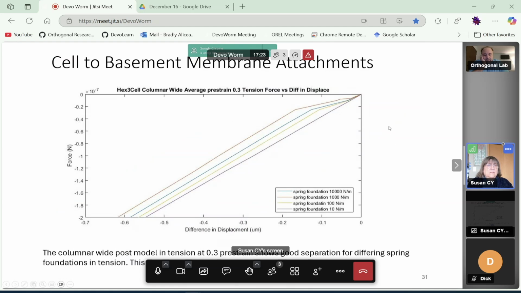And for cell to basement membrane attachments, if you change the spring foundations, sometimes you'll get a curve with good separation, like this one, with the columnar wide model, but mostly this didn't happen.